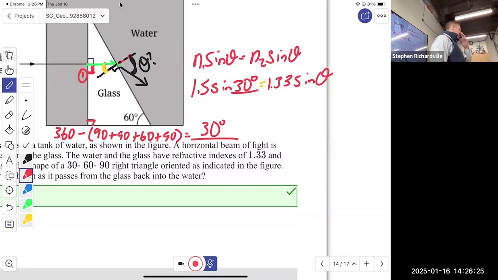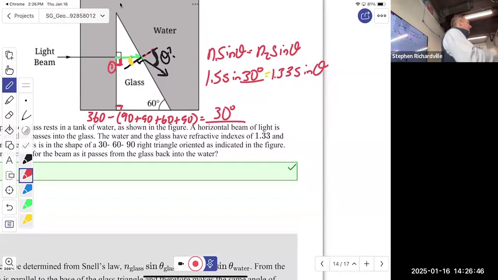If you don't like the four-sided object, the triangle up top, 90 plus 30, because it's a 30, 60, 90. 90 plus 30 is 120. From 180 is 60, and I always want the angle measured to the normal, right? So it's got to be 30. So then I do 1.5 sine 30.